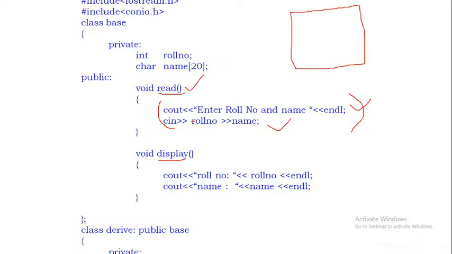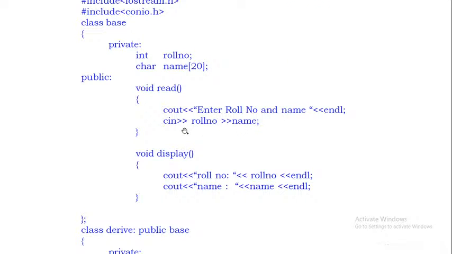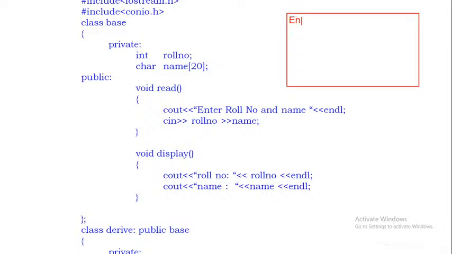With the help of cout, whatever we place inside inverted commas will be printed. Then I input the roll number and name. Now tell me, how will the data be displayed on the output screen? With the help of cout, it will display whatever we placed inside the inverted commas.